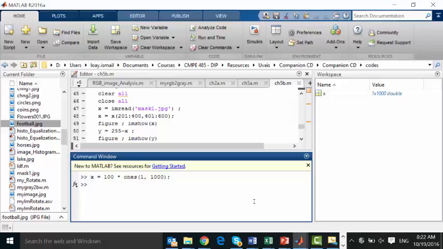So this means that I have a vector that has 1000 elements, and all of them have the same value. As we have seen before, if I take the Fourier transform of this expression, it will give me just one component at 0, which is the first element in the resulting Fourier transform. So if I say capital X is equal to the Fourier transform of x, we find that the resulting capital X has exactly the same size as the original signal.